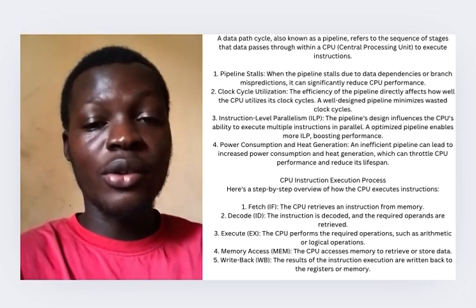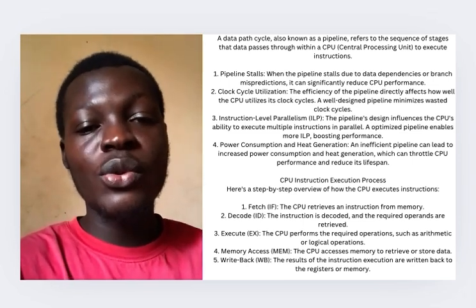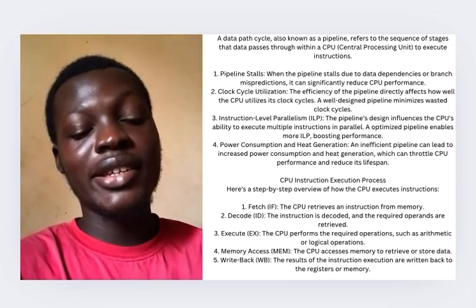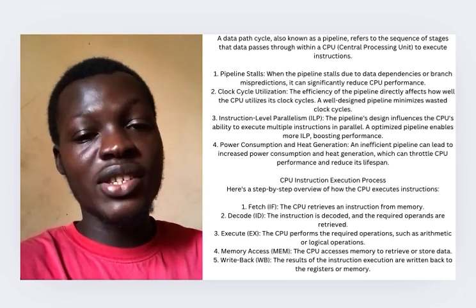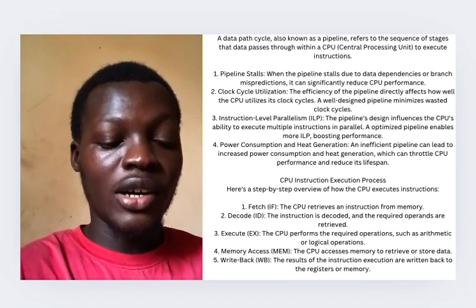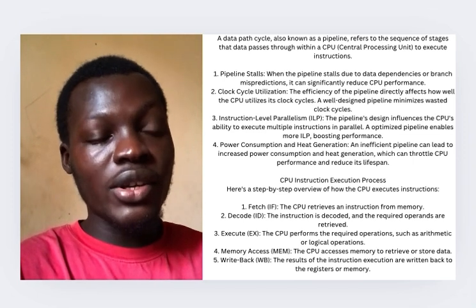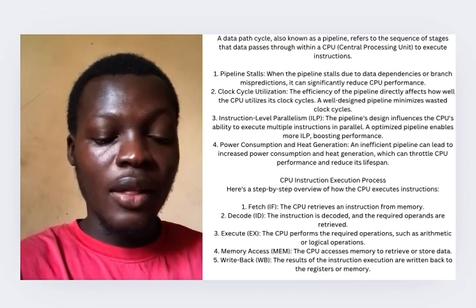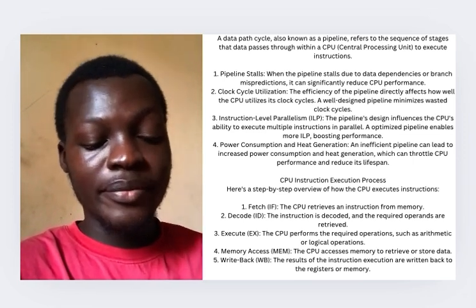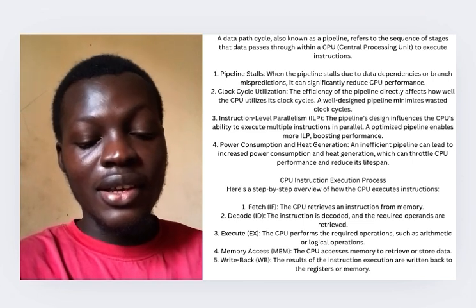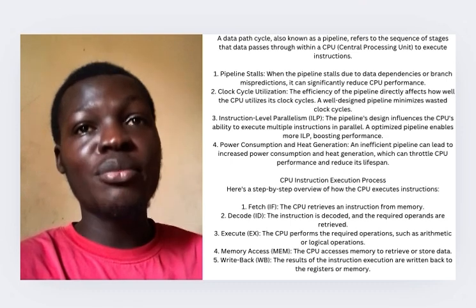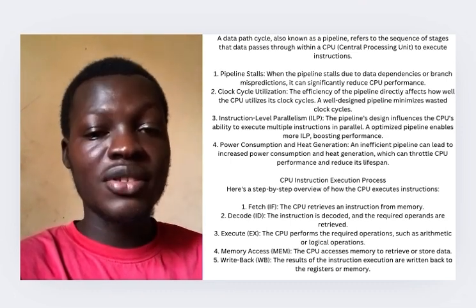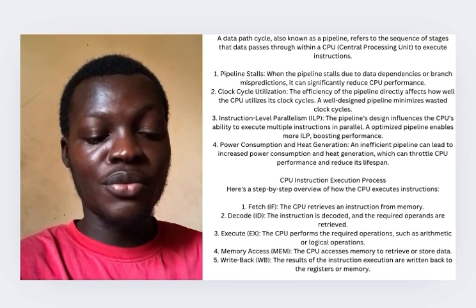Here we are looking at how the CPU fetches, decodes, and executes instructions. Looking at the first one, how it fetches, it says the CPU retrieves instructions from the memory.